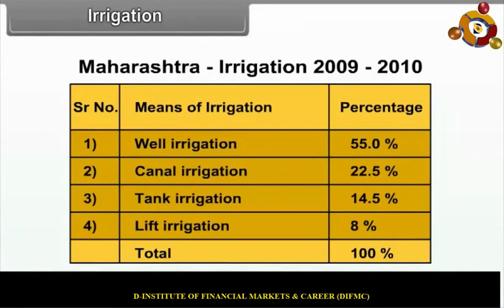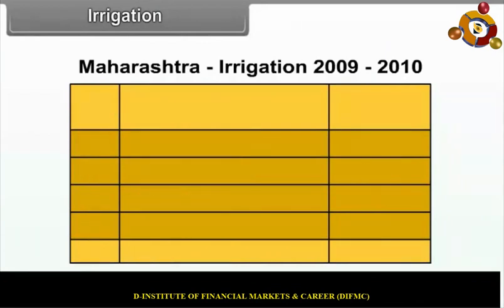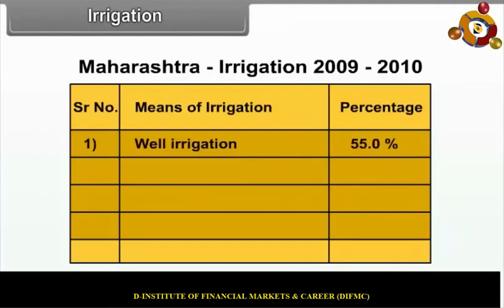Table number 2.1. Maharashtra, irrigation 2009 to 2010. Number 1. Means of irrigation, well irrigation. Percentage 55.0. Number 2, means of irrigation, canal irrigation.